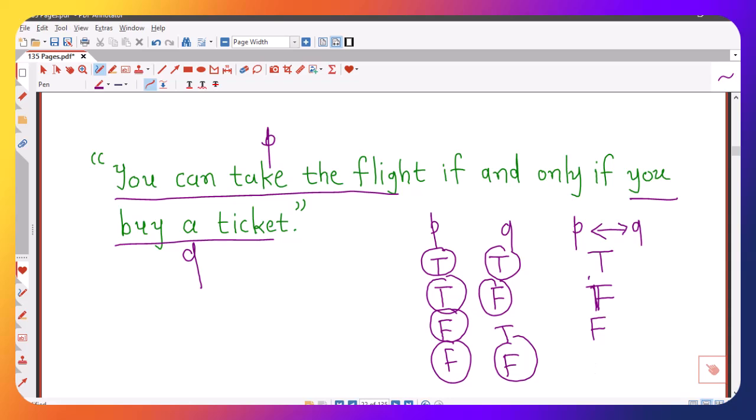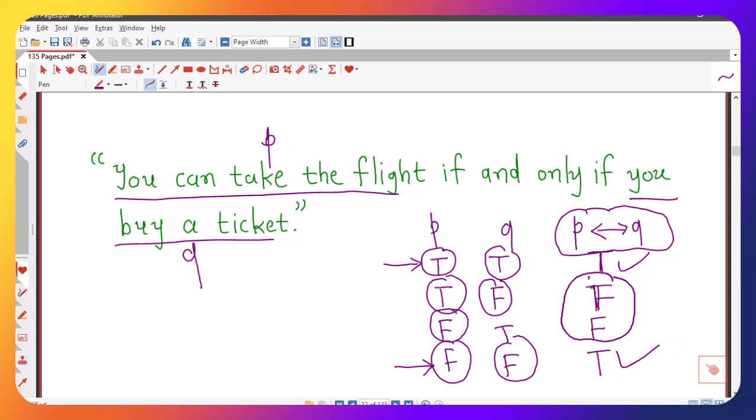So in that situation we have truth value T. The biconditional has truth value T if both P and Q have the same truth values, either both true or both false. And the biconditional is false if at least one of P and Q is false.